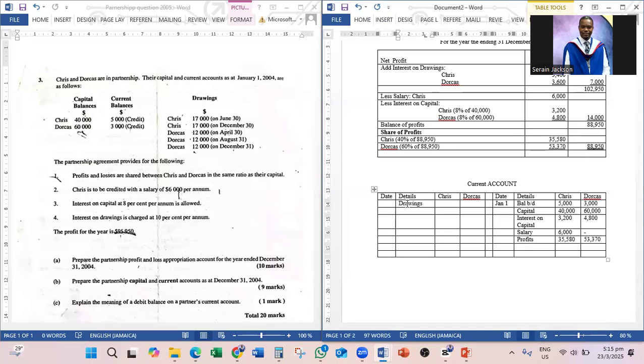We go on the debit side and we put in our drawings figure. The drawings figure for Chris is $34,000. The drawings figure for Dorcas is $36,000. Then we put in the interest on drawings.